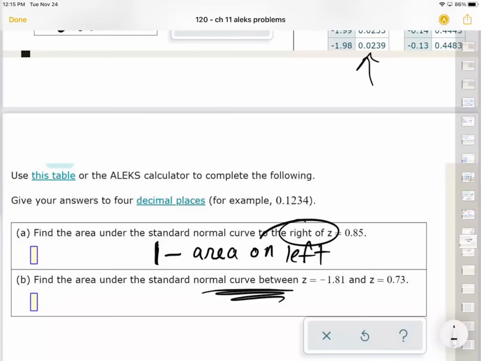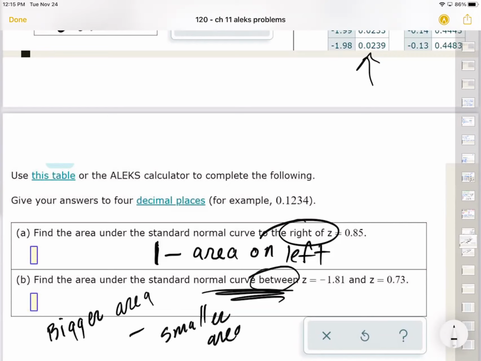And if they ask you for in between, you just take the bigger area minus the smaller area. And we did this last time. You can look at the video from last time.